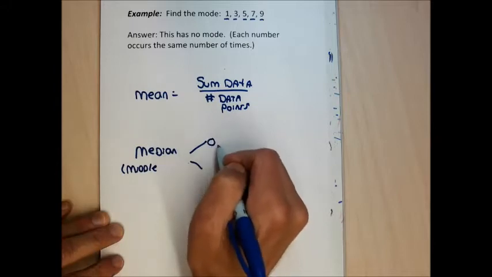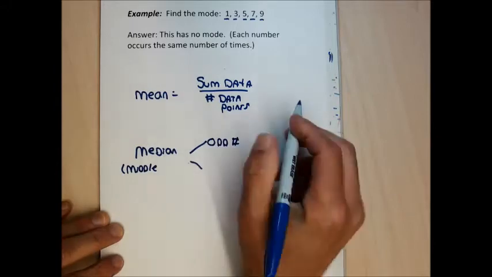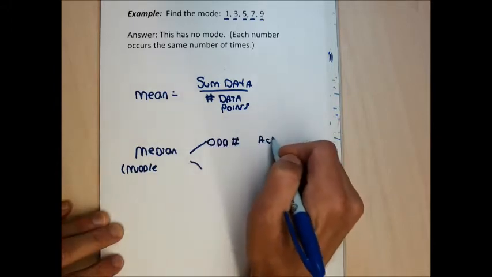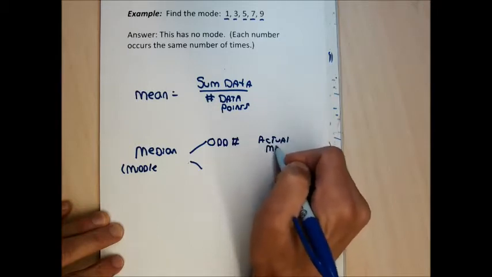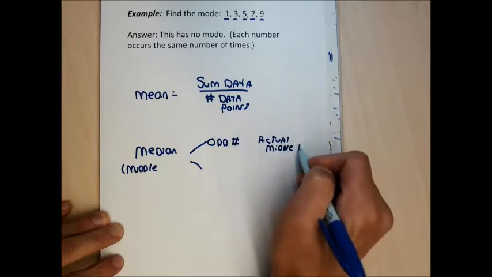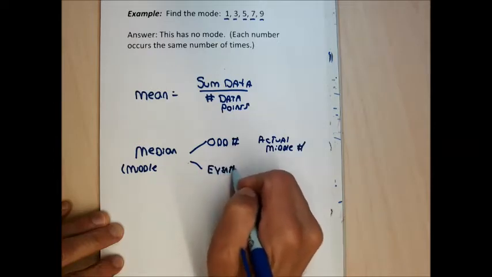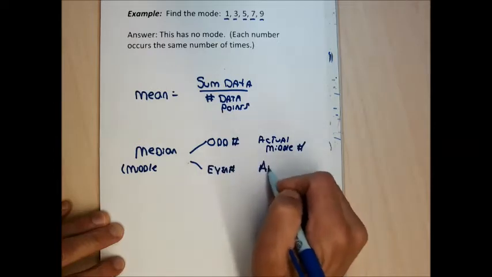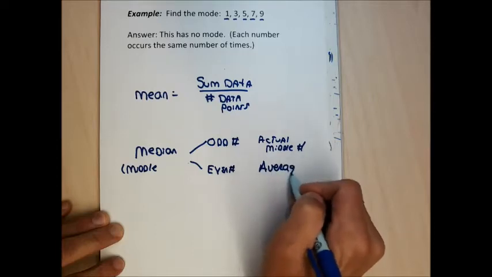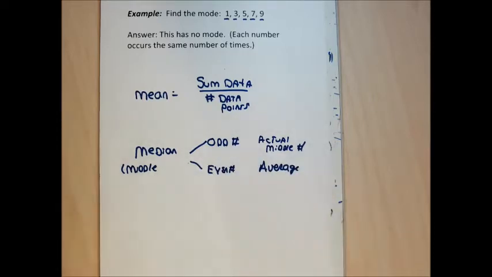If there's an odd number of data points, it is the actual middle number. It's going to be in the data. If there's an even number of data points, you're going to have to average. And to do the median, the data has to be listed.